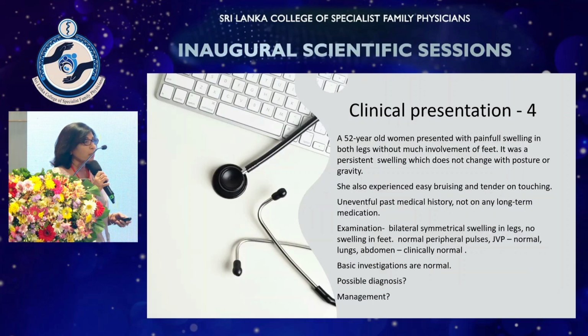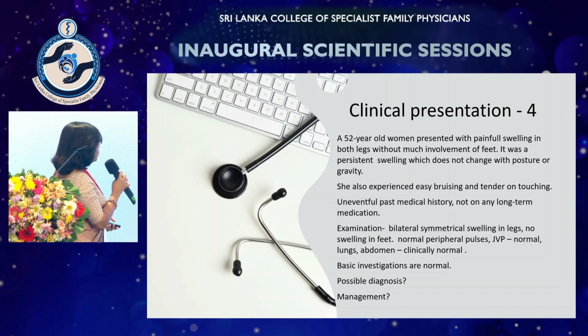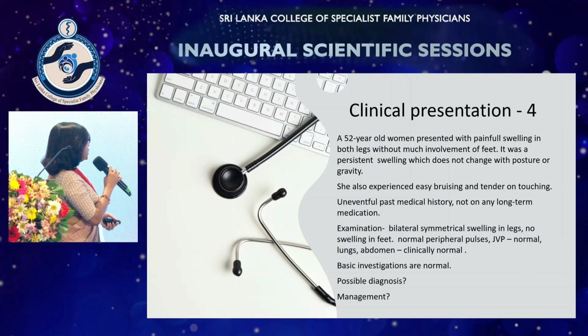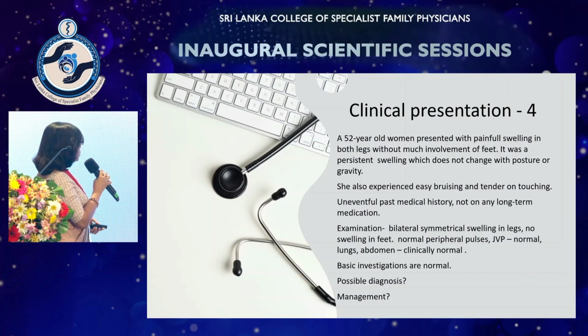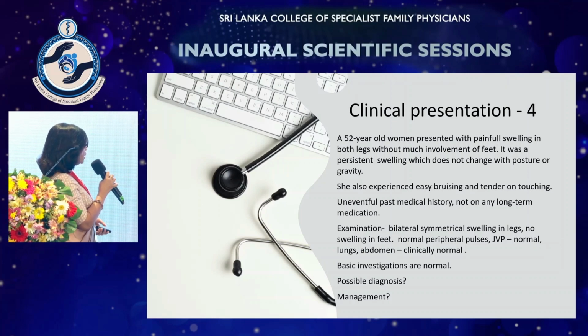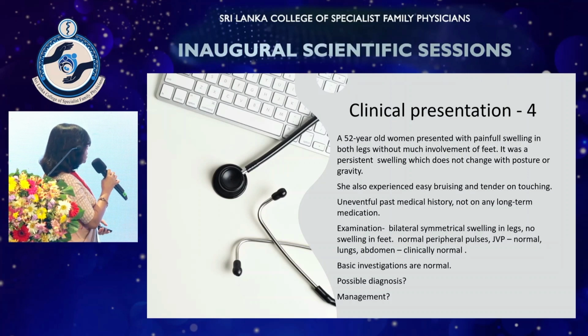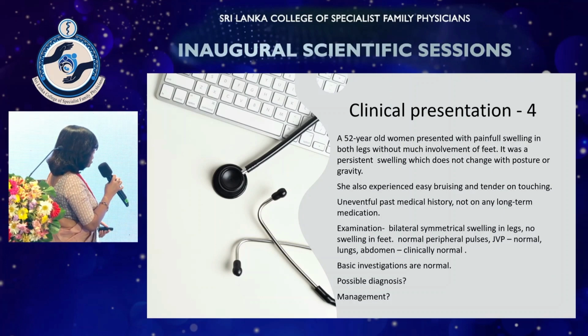The last one, give me a few seconds. A 52-year-old woman presented with painful swelling in both legs without much involvement of feet. It was a persistent swelling which does not change with posture or gravity. She also experienced easy bruising and tenderness to touch.